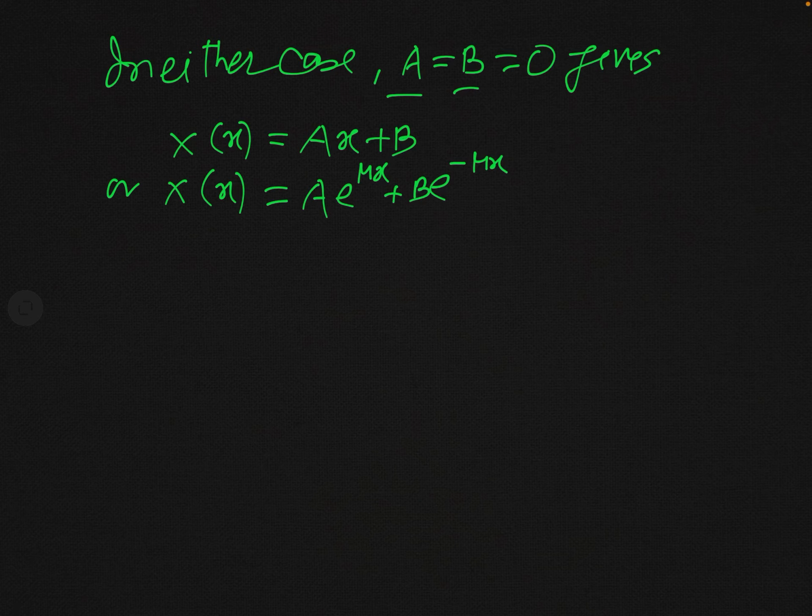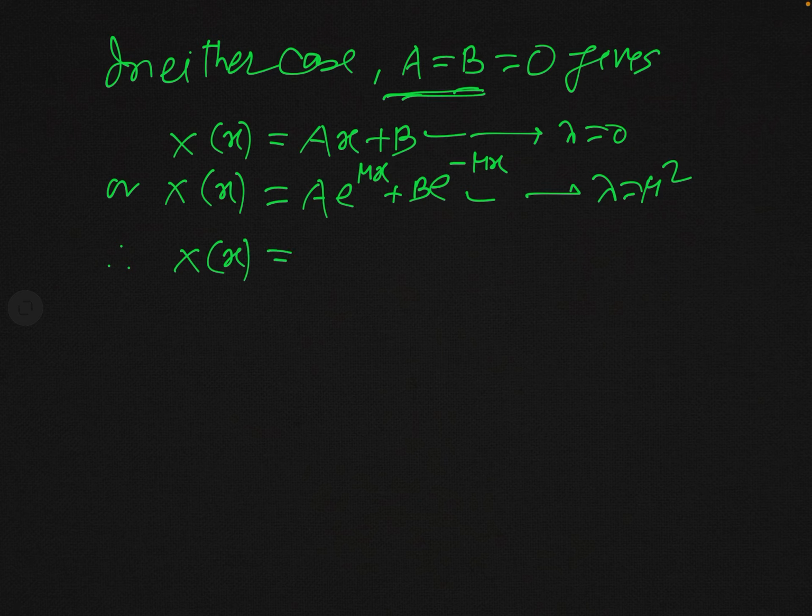Actually, in case of the first possibility, when lambda was 0, then this was our result, and when lambda was positive, then this was our result. But we have obtained that in these two cases both constants A and B are 0, so you can say that for all values of x, capital X will be 0.